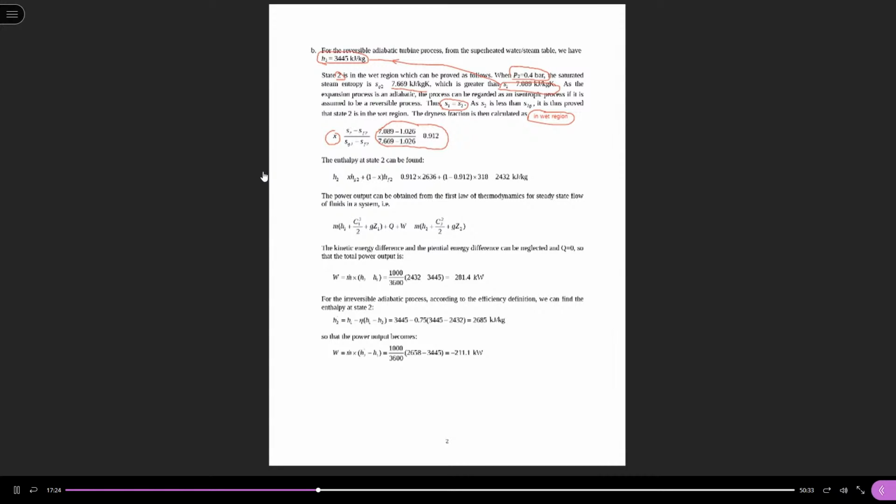Maybe we work on it again, so I show you how to find it. For the entropy of state 2, from the table we can get the values for saturated liquid and saturated vapor. Then we calculate the dryness fraction, so it's approaching dry saturated. Then we can calculate the enthalpy of state 2.